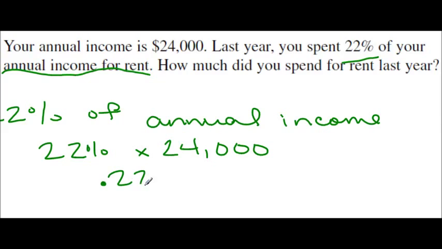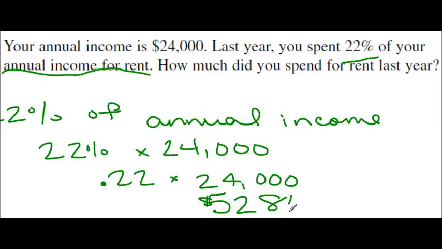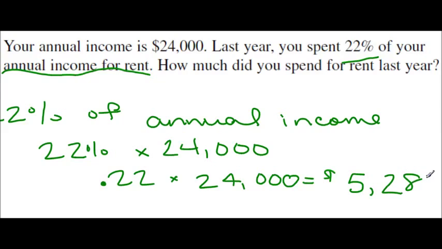So percent to decimal is 0.22 times 24,000. Oops, that didn't work for the comma. Oh, got rid of the zero. So 0.22 times 24,000 is going to give me 22% of my income, which is $5,280.